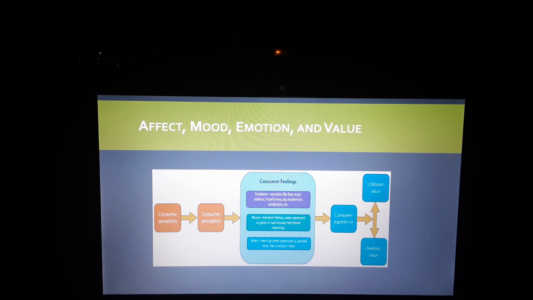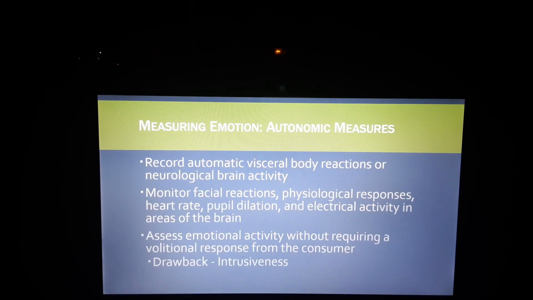And then that in turn dictates our consumer experience, whether it's a utilitarian value or a hedonic value. So basically, what we're seeing and feeling, how we organize it in our head, and then all of the feelings that these create, positive, negative, it puts us in a good mood, bad mood, that kind of thing, like or dislike. All right, so how do we measure emotion?